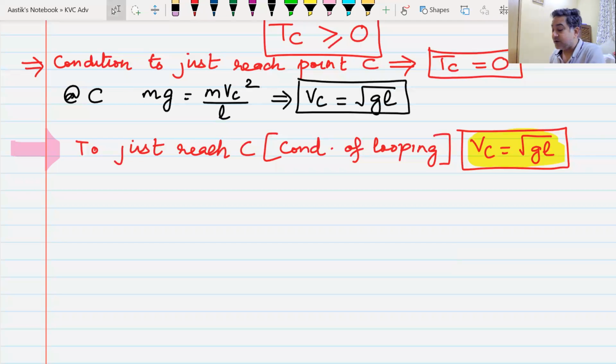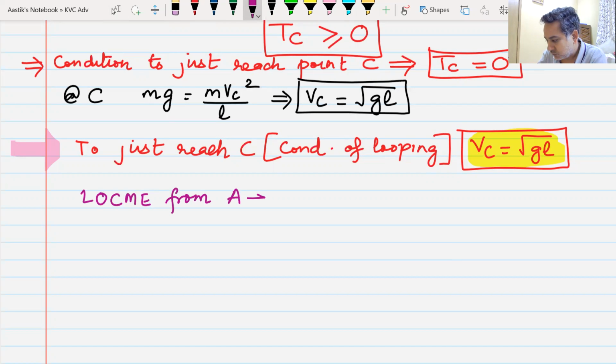You have to apply LOCOME from A to C. Apply LOCOME from A to C and get me the value of velocity at point A. We have 2 minutes to do this.